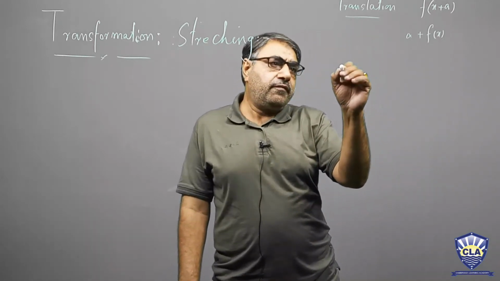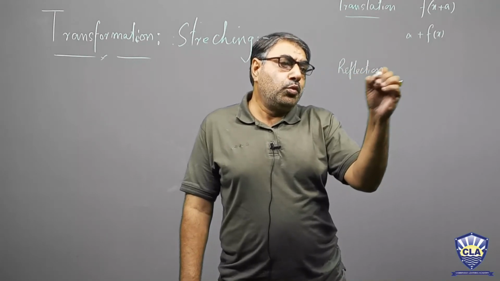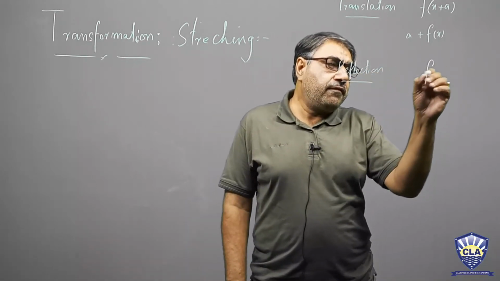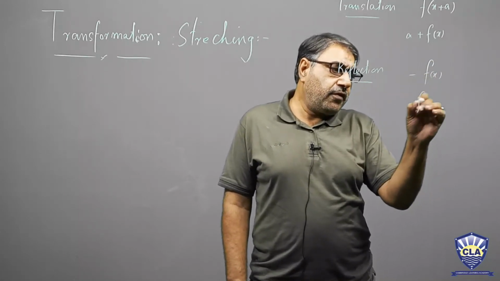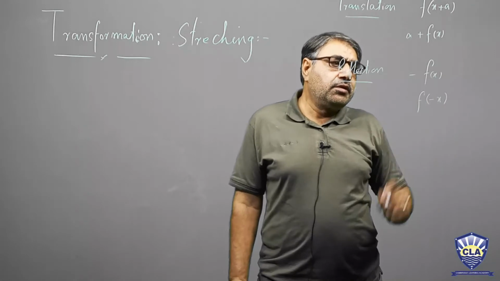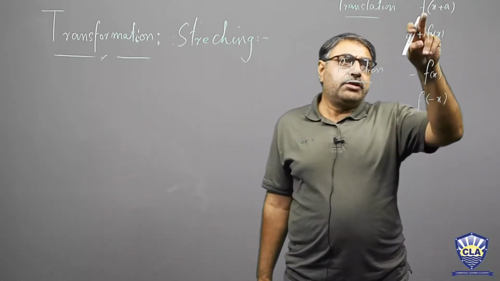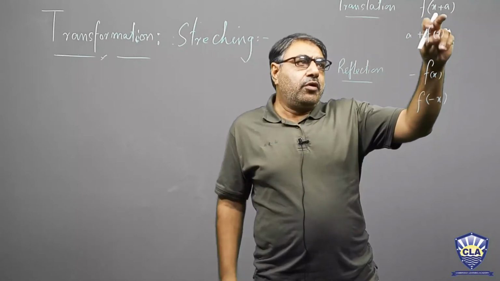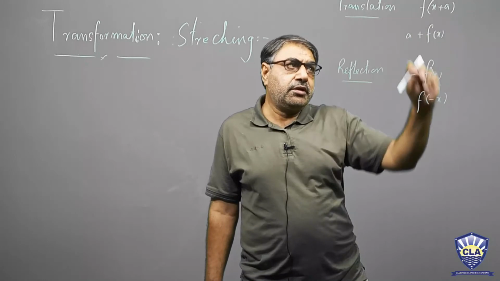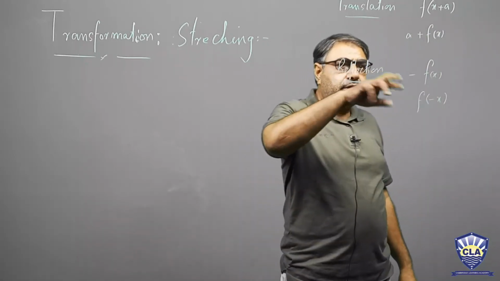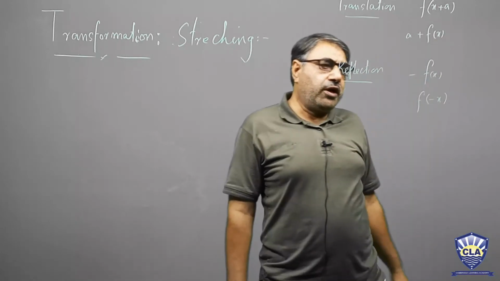In a reflection, we change the sign: minus f of x and f of minus x. Change the sign of the whole function and change the sign of x. In translation, it is x plus a, but we will subtract a from the x coordinate, and it is a plus f of x, so we will add a in the y coordinate.